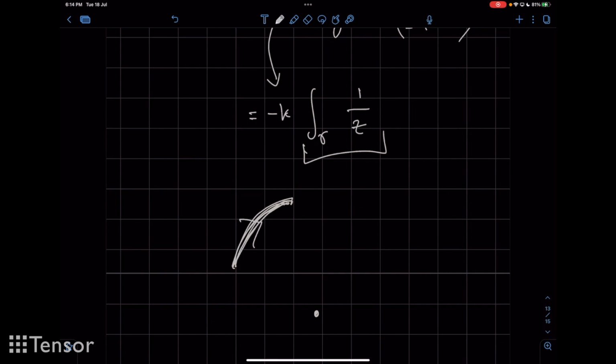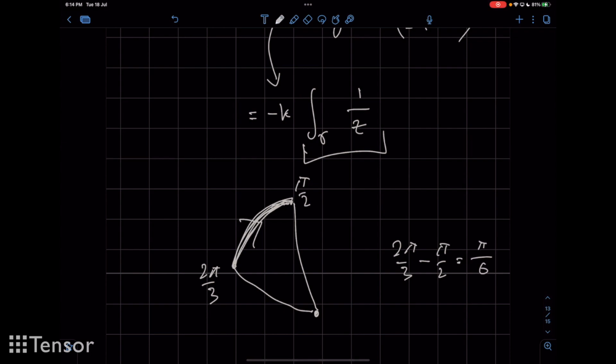So this is going to be the angle it makes, right? What is that angle? So this is pi by 2, and this is what? 2 pi by 3. What is the difference? Two pi by 3 minus pi by 2 is equal to pi by 6, right? And the sign?